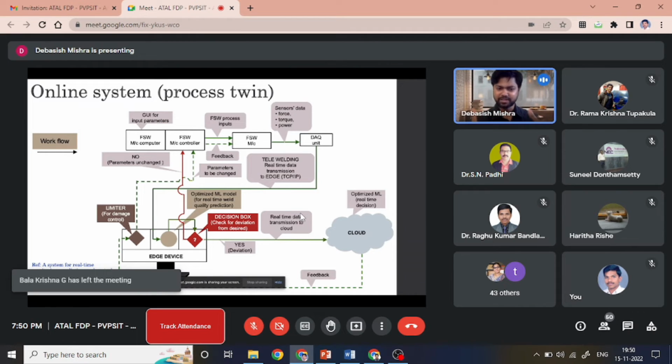Here the physical system is the welding machine and the welding process, and this entire online system acts as a twin for the welding process, because from the sensor data, the machine learning models, the communicating devices transmitting data amongst each other, and the cyber and physical parts, we were able to get indirect information about the quality of the weld that is going on. That's why we call it a twin of the process, hence the name process twin.